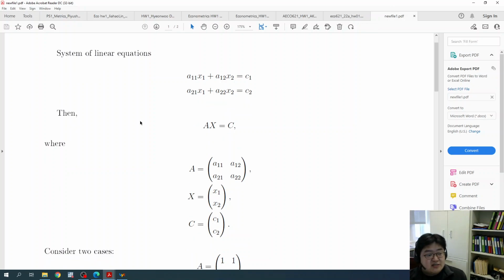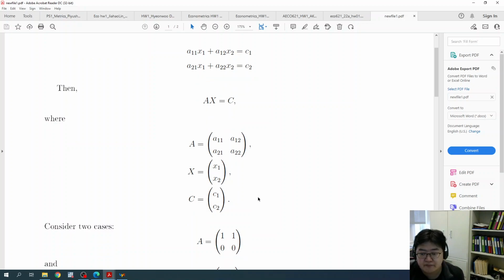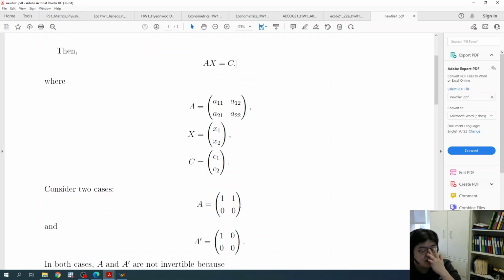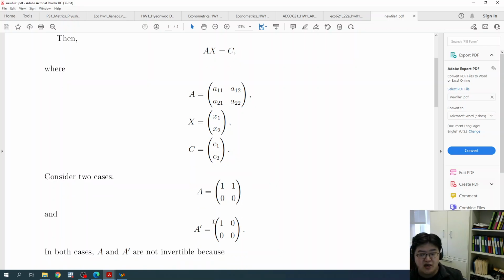Basically, we are handling the simplest possible linear equations, and we change these two linear equations into a matrix: a 2 by 2 matrix with two unknowns, and the constant c does not matter much. Now let's think about two examples. In one example, A is 1, 1, 0, 0, and in the other, A prime is 1, 0, 0, 0.